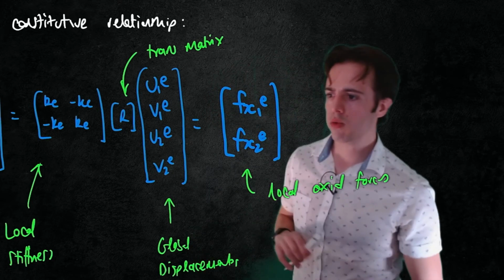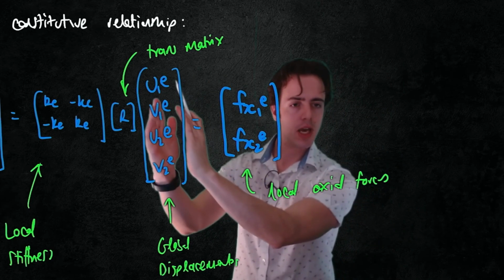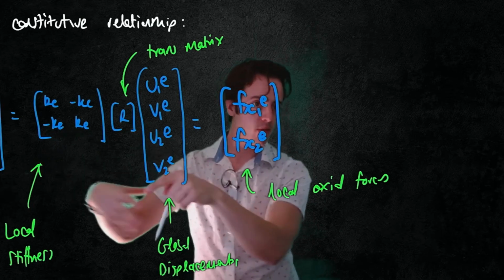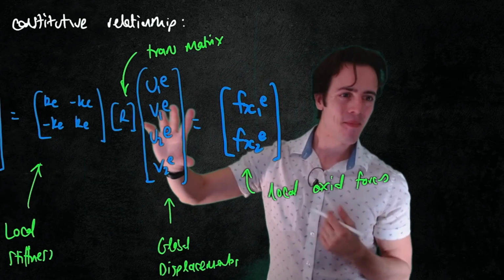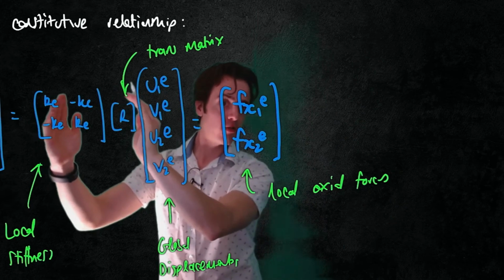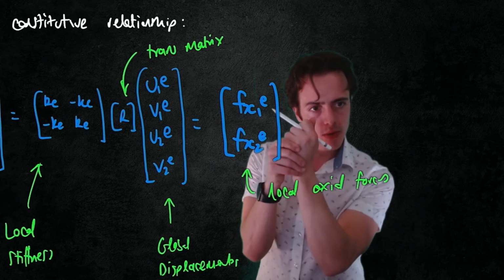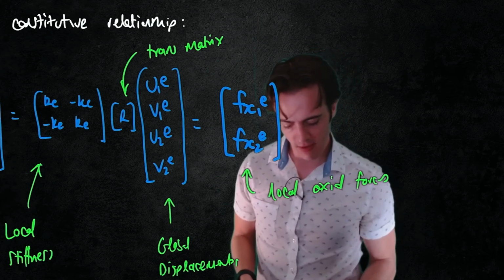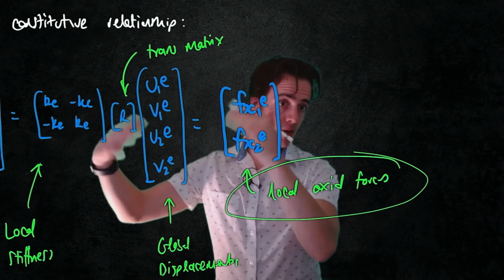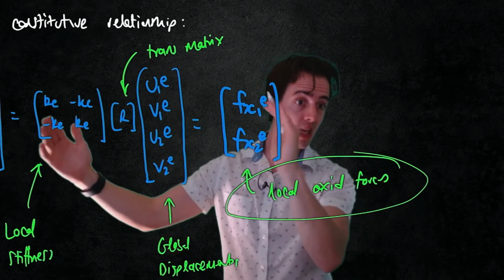So this isn't quite where we want this yet, because this is good, the bit that we've got here. If we did this multiplication, Ke multiplied by the transformation matrix, although we can't quite do it that way, this bit here is effectively putting our stiffness matrix into a global format, okay? So what we don't want is the fact that we've got these local axial forces on the right hand side, because this is how we define the constitutive relationship. We've got the relationship between stress and strain that gives us this bit.